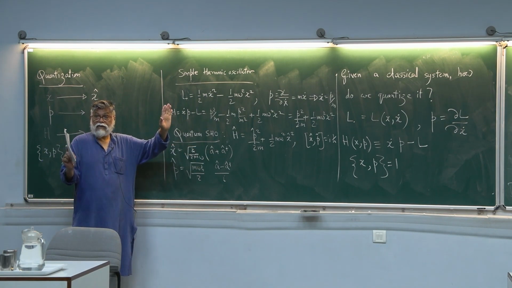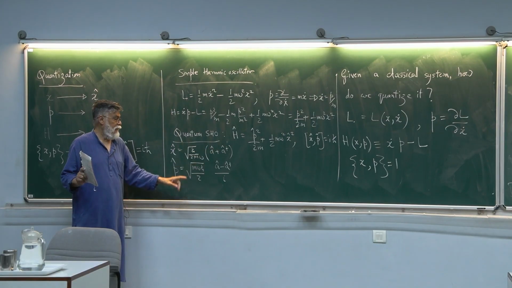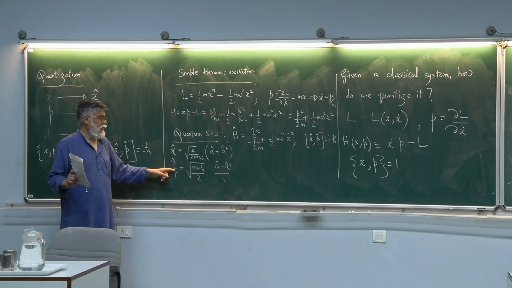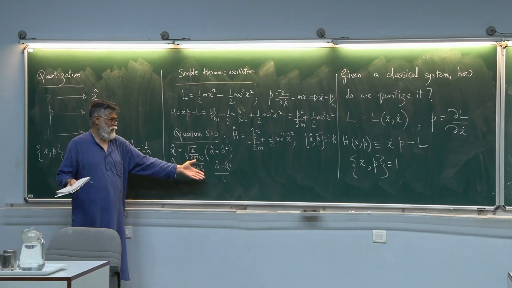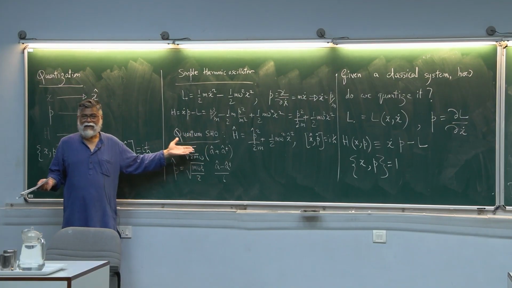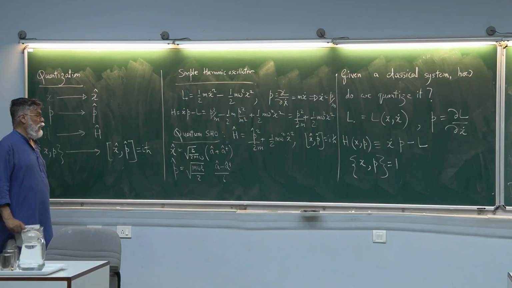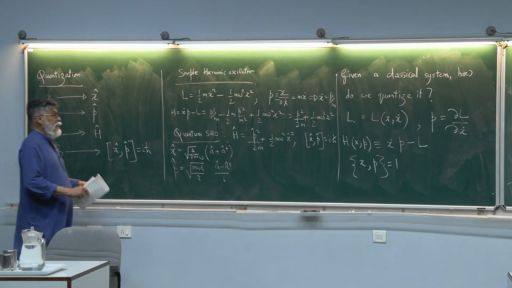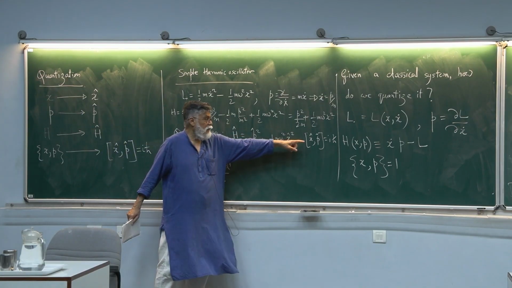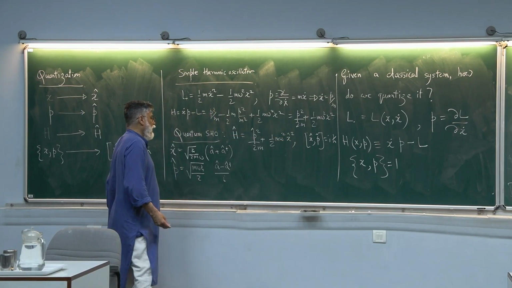A is not self-adjoint. A is not equal to A dagger. But X and P are self-adjoint, meaning Hermitian. You can verify this is indeed Hermitian. And then what you also demand is that the X, P commutator must be equal to i h bar.